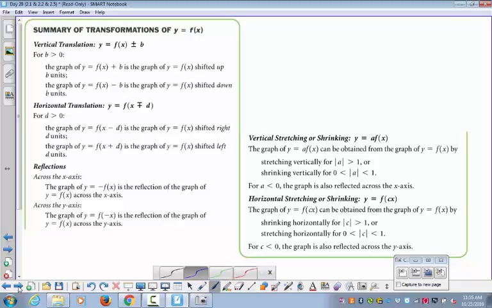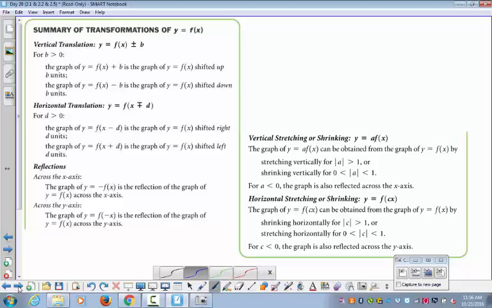A vertical stretch or a vertical compression is a number on the outside, a multiplier. And a vertical reflection is if there's a minus on the outside. So the way I like to break it down is I think of all the verticals as outside of the function. Just like in trig, it's all the stuff on the outside.